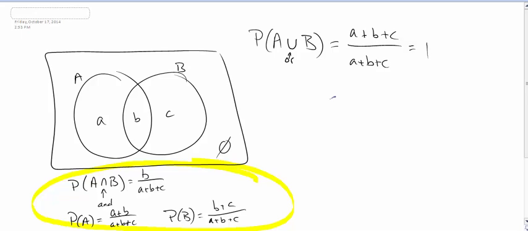A or B, you might think, well, that's going to be the probability of A plus the probability of B. I think when I say or, that means add. So what would this be?